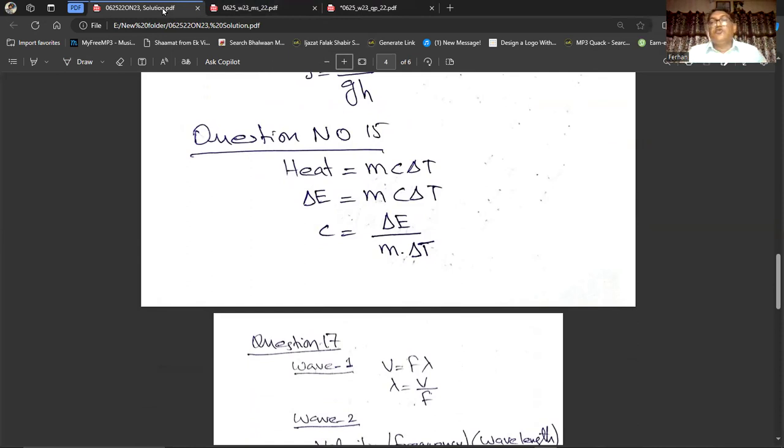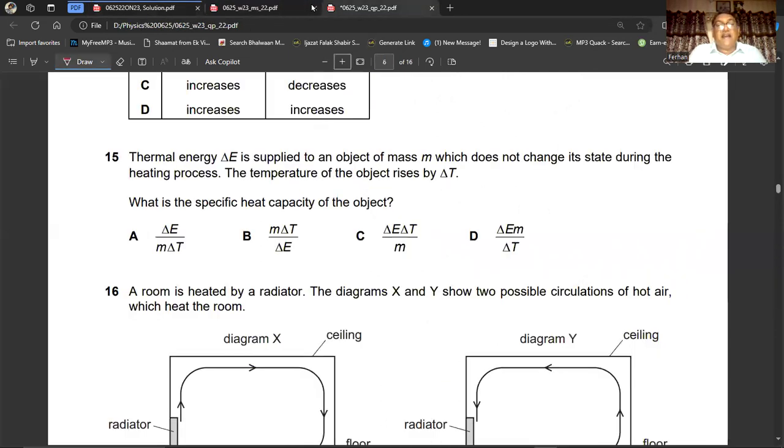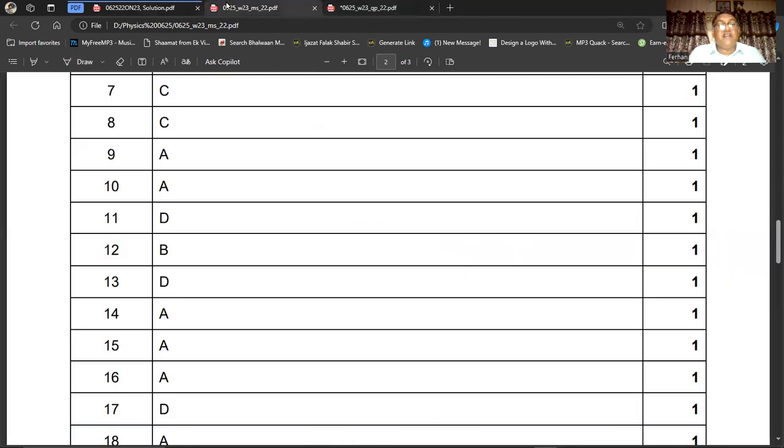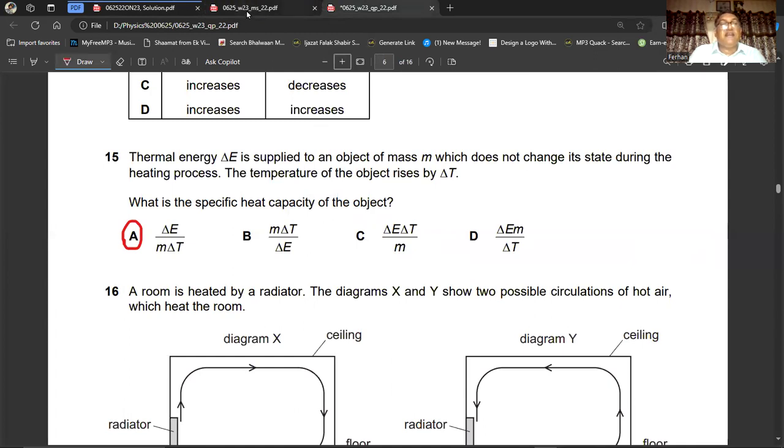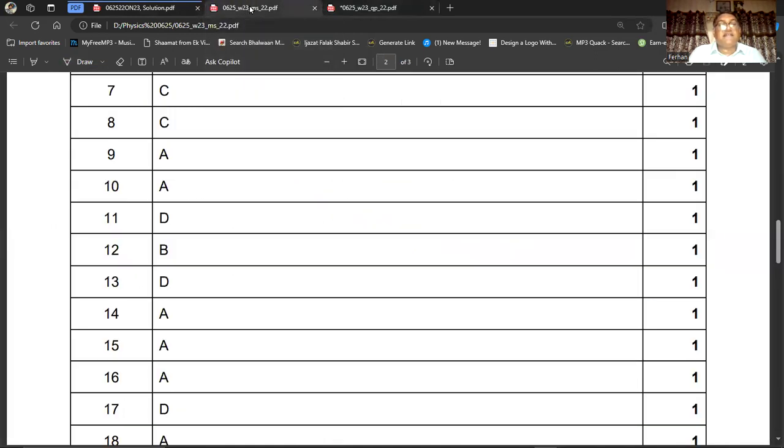Heat is delta E, so delta E equals m c delta T. We want C to be alone, which is specific heat capacity. So M and delta T will go to the other side and divide. So C will be equal to delta E divided by M delta T. So I think A looks the right answer, sir. Question number 15, A is the right answer.